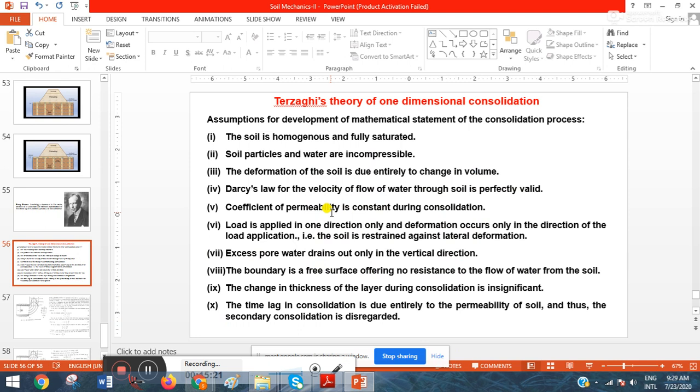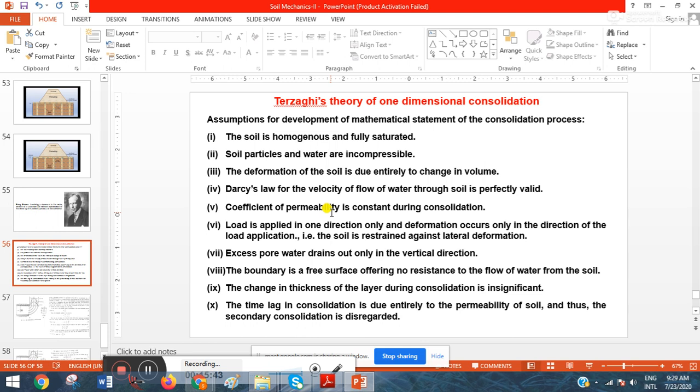Number 2, the soil particles and water are incompressible. Number 3, the deformation of the soil is due entirely to change in volume. Number 4, Darcy's law for the velocity of flow of water through soil is perfectly valid. These are very common assumptions.